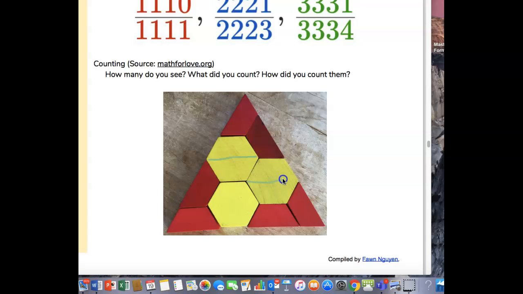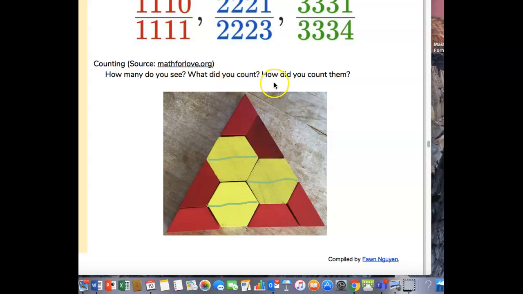And if we draw a line here, and if we draw a line here, we have 2 more. So it doesn't say specifically that we have to have triangles, otherwise we could divide those into triangles, but it doesn't say that. It just says, how many do you see?